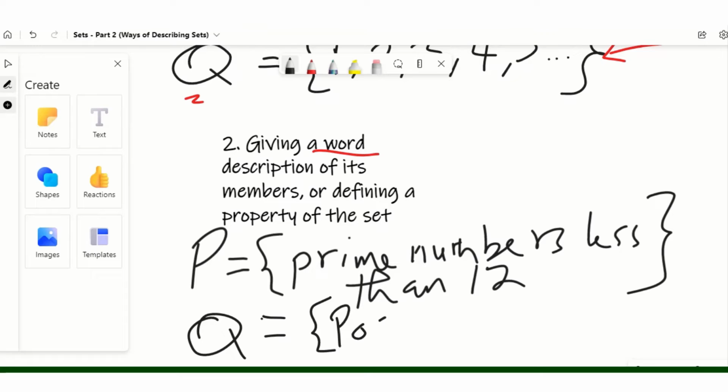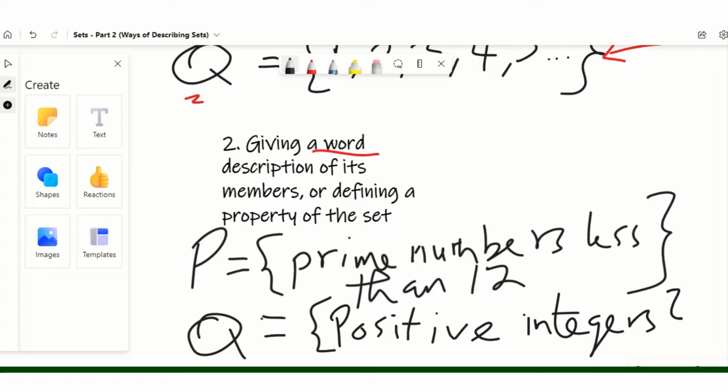There is no negative in any of the numbers. Positive integers. Okay, so this is word description. This is another way of describing a set.